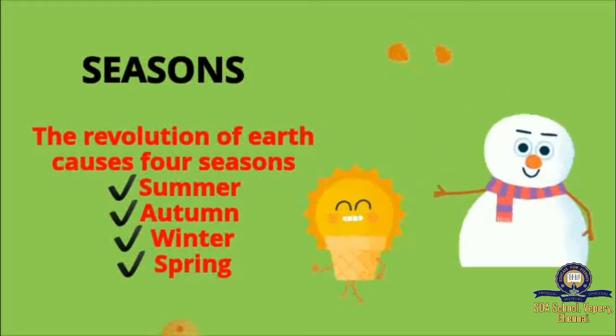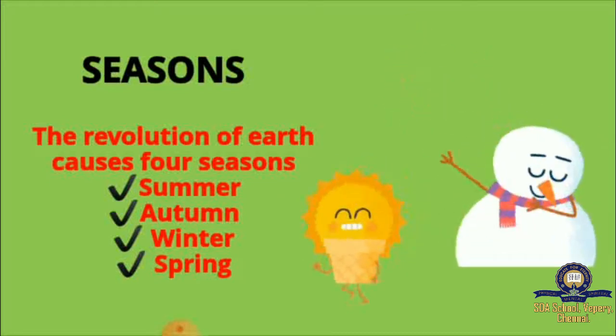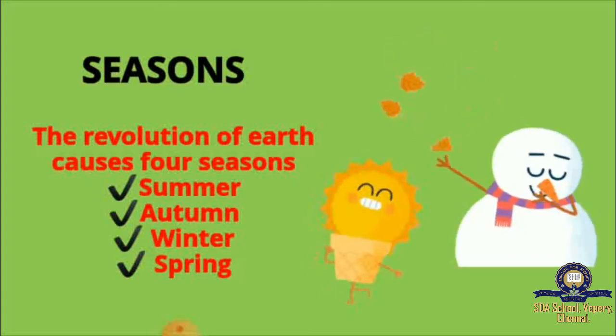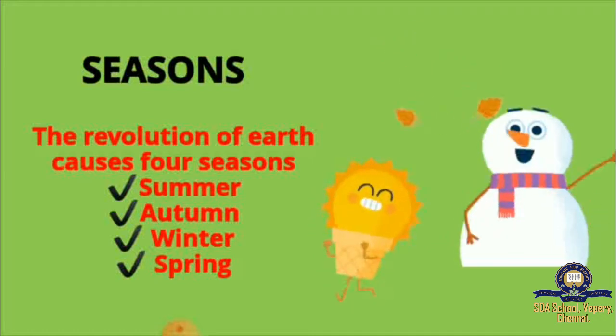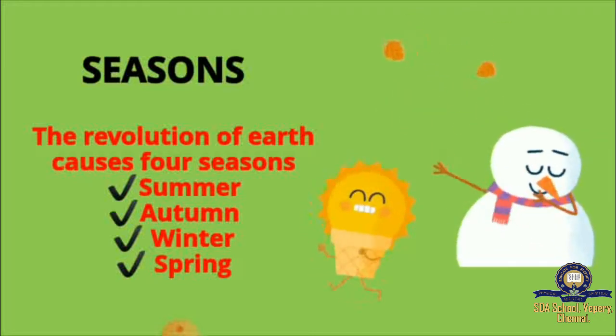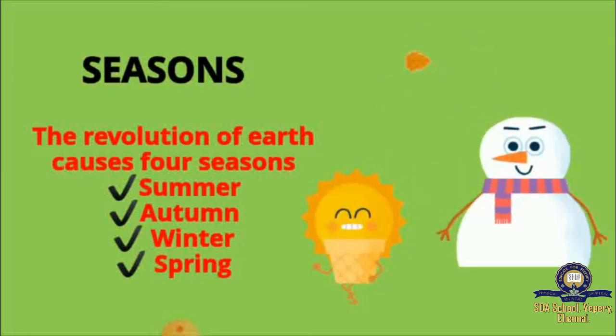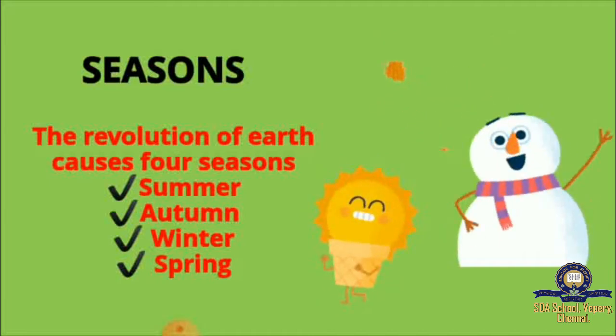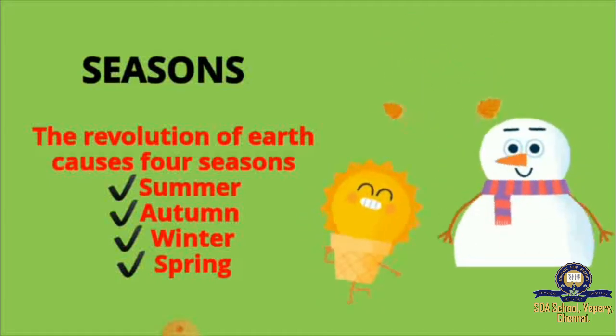Winter is the coldest season of the year. It occurs after autumn and before spring. Next is spring. Spring is the season where plants start to grow again. These are the 4 types of seasons, students.